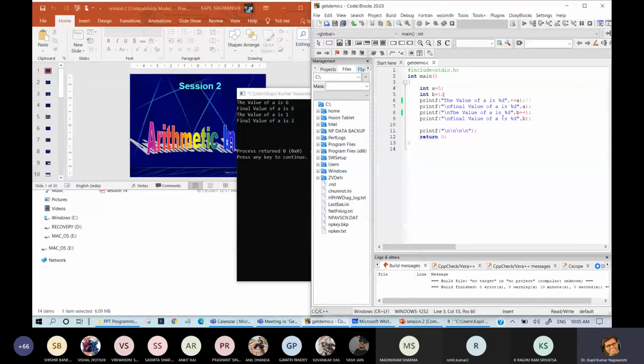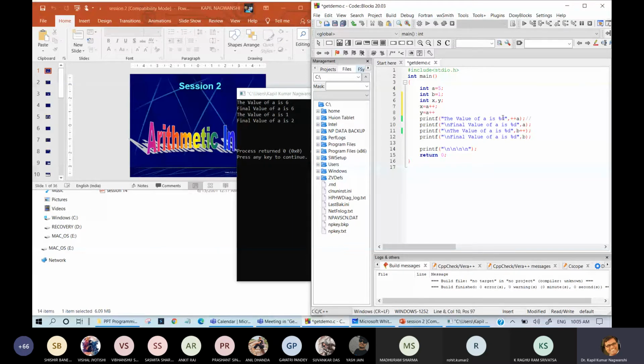Now come to a special topic. Suppose integers X and Y are taken. Now let me write X equals A plus plus, this is our first parameter, and Y equals B plus plus.